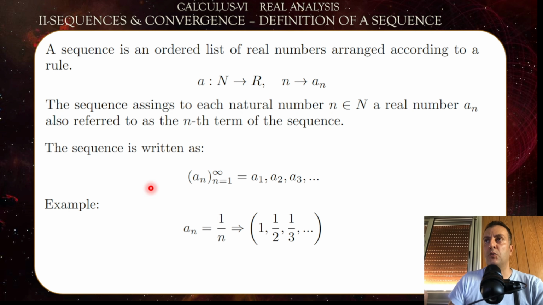Now, concerning the pattern that I've talked about, for an equal 1 divided by n, progressively, you notice that as n increases, you keep dividing by a larger number, and that number increases sequentially. This is actually why we call it a sequence. So 1 divided by n, for n going from 1 to 2 to 3 to 4, becomes 1 divided by 1, which is 1, then 1/2, then 1 divided by 3.